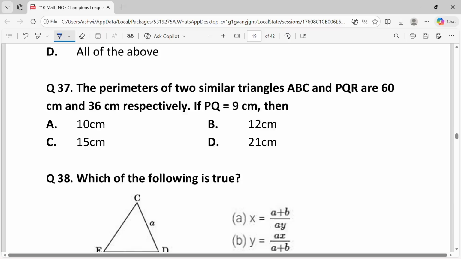Question 37. The perimeters of two similar triangles ABC and PQR are 60 and 36 centimeters respectively. If PQ is 9 centimeters, then AB is equal to?